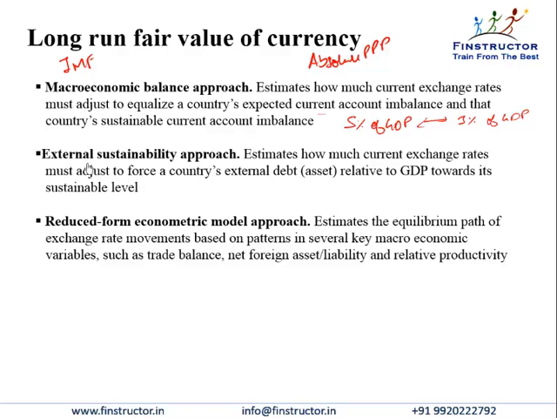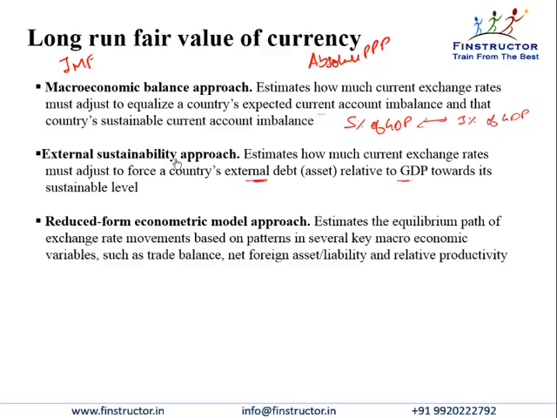Similarly, the external sustainability approach tries to check how much should exchange rates move so as to force a country's external debt relative to GDP towards its sustainable level. So current external debt to GDP may be high or may be low as compared to peers, as compared to other countries, and as compared to our sustainable target.